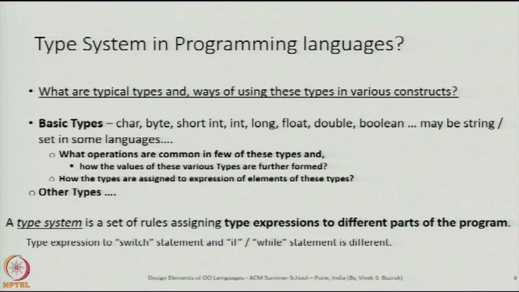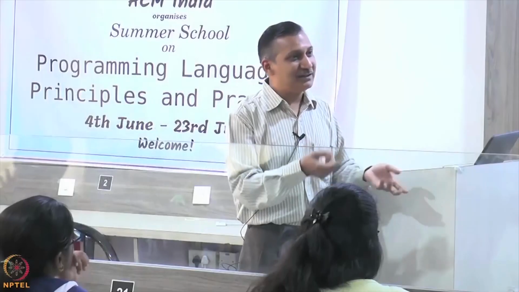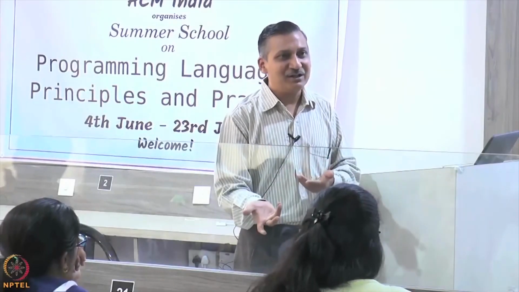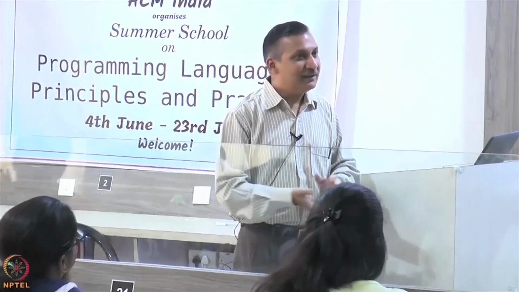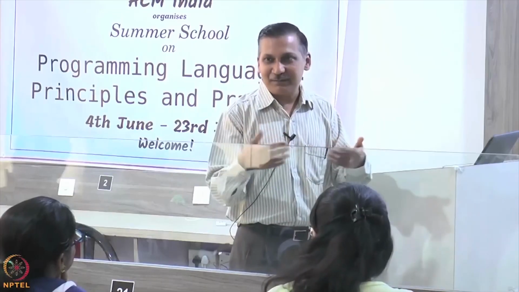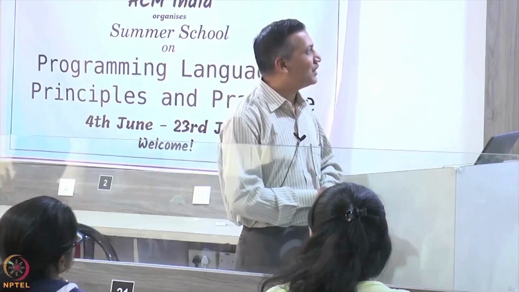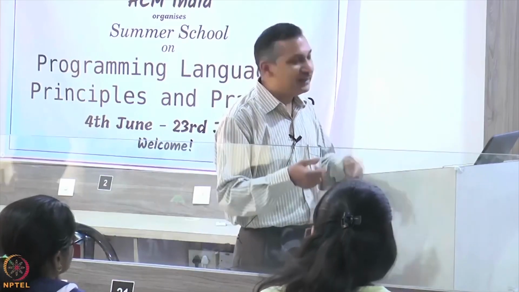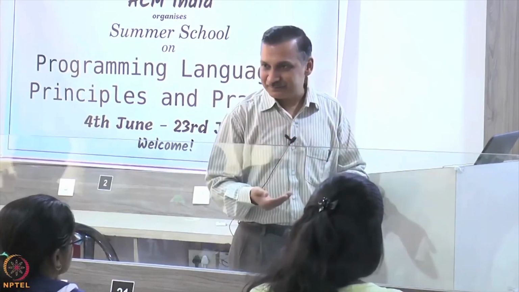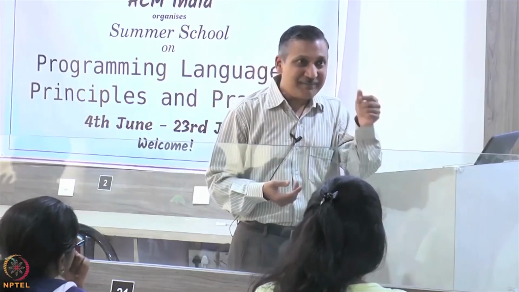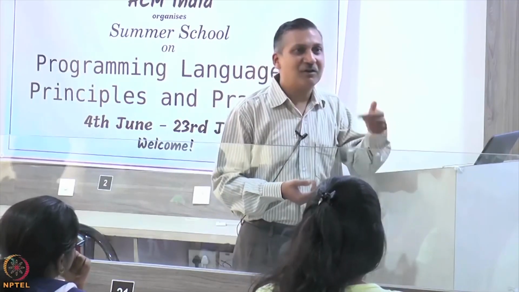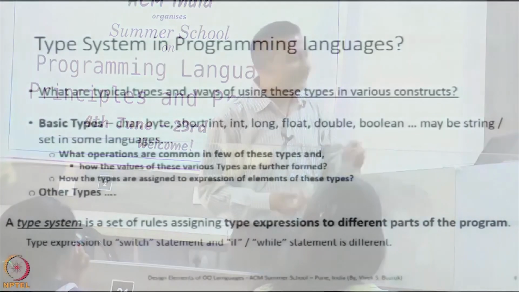Multiply is common, addition is common, even for strings and integers in some languages addition is possible, correct? That is basically concatenation, so the meaning changes, but the operations are definitely similar. You may be using the same operator for that operation.